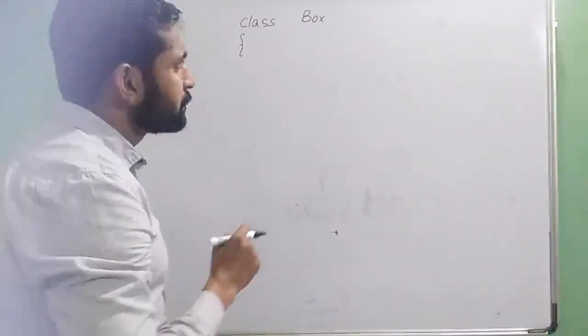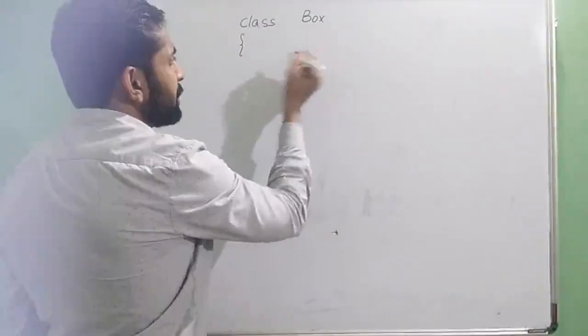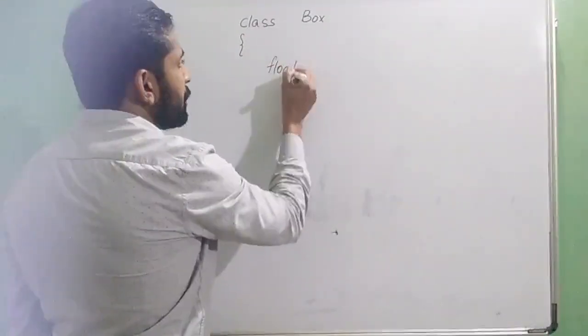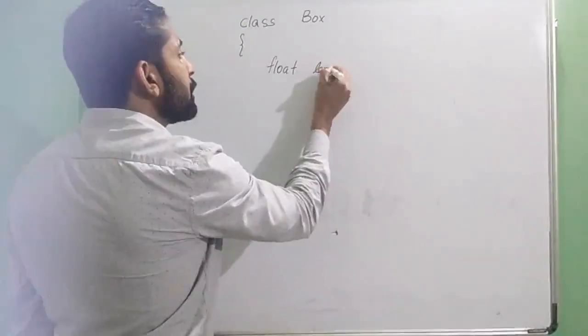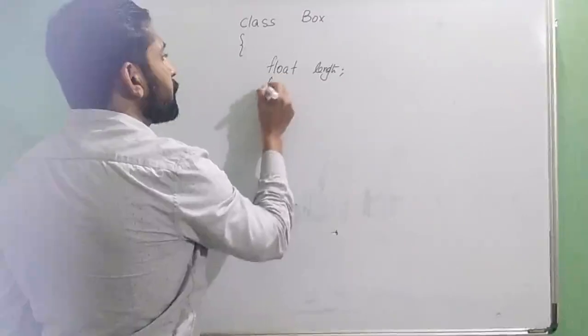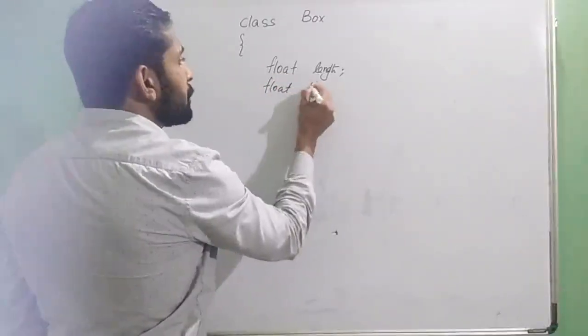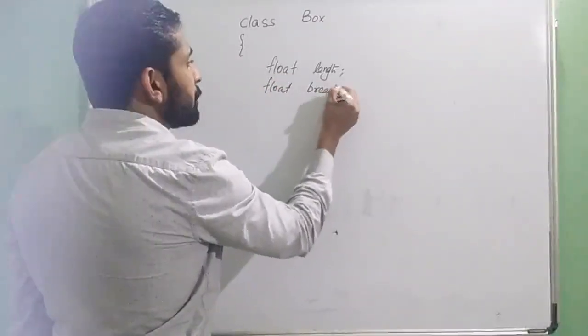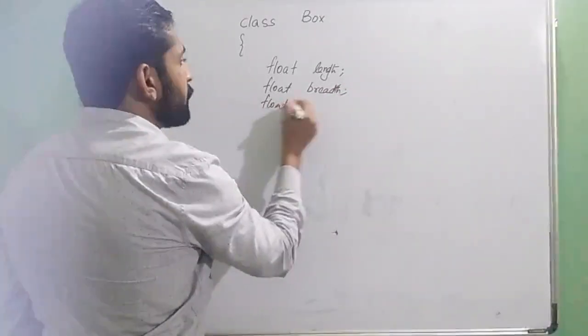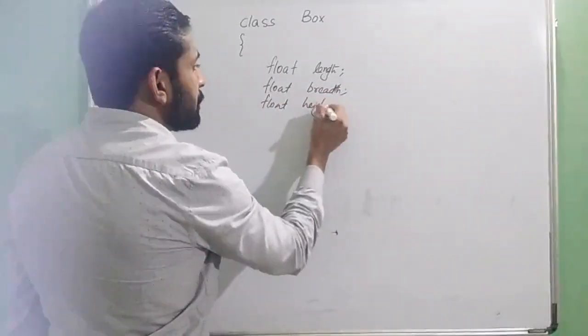So here, for the time being, we are declaring some variables, say float length, float breadth, float height.